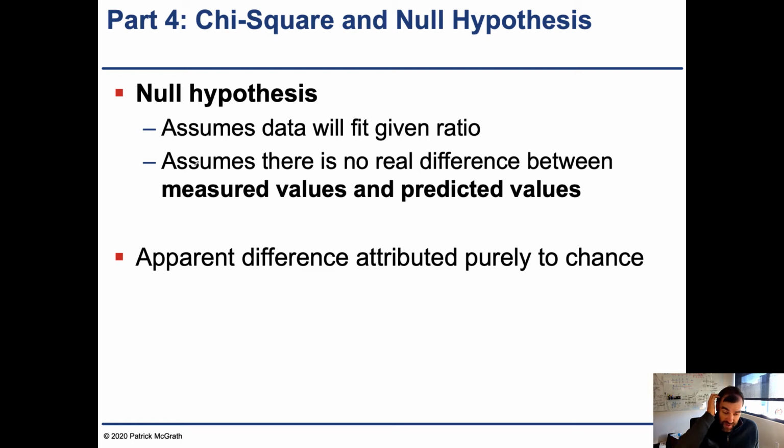At some point, you will have to take a statistics class that gets into this in much more detail. But the idea is that our null hypothesis is that the data fits the 3-to-1 ratio. So we assume that the data we see fits the 3-to-1 ratio, and now we calculate the probability that that 3-to-1 ratio has of producing the values of data that we see.